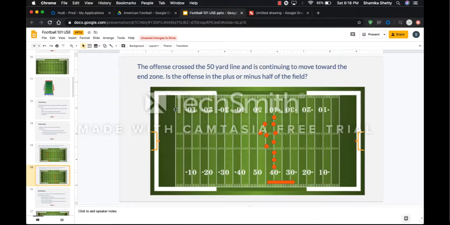So any yard line in this area is plus, any yard line in this region is minus. So let's start counting. This is 0, this is 1, 2, 3, 4. But because this is negative, this will be -1, -2, -3, -4, -5. This is -10, -20, -30, -40. This is only 50.